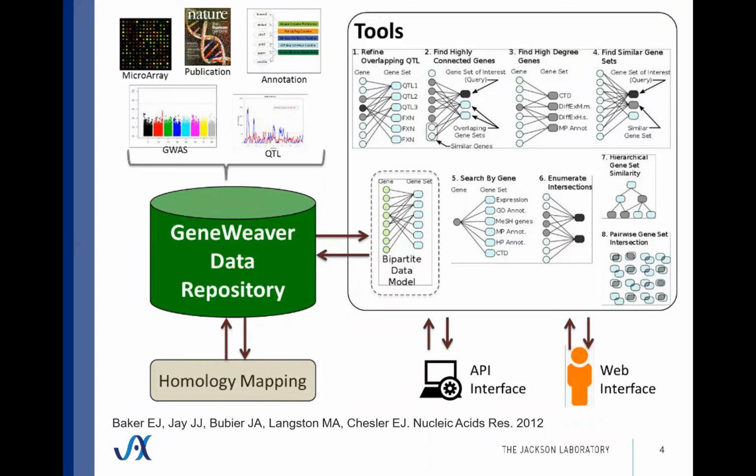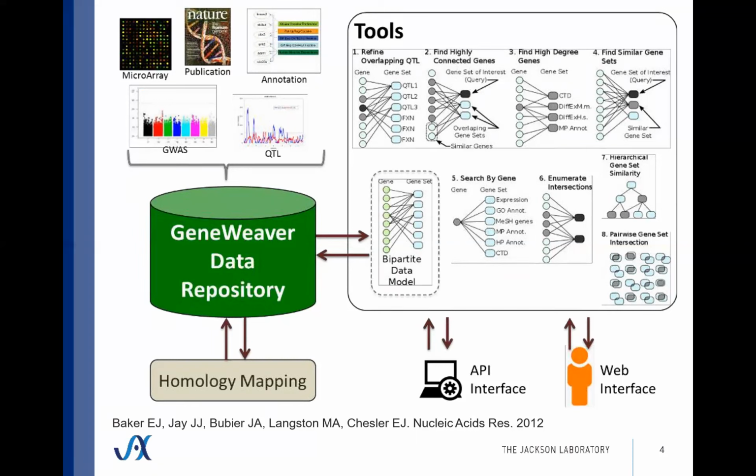Using homology and gene orthology, we're able to map the identifiers used to represent genes and gene products onto one another and allow us to simply integrate that data using a bipartite graph structure. And so this is this bipartite structure shown coming in and out of the database.